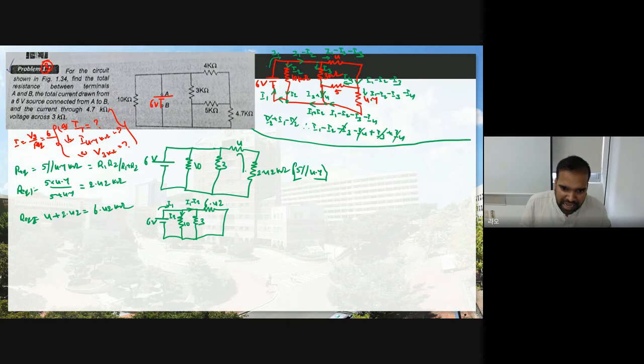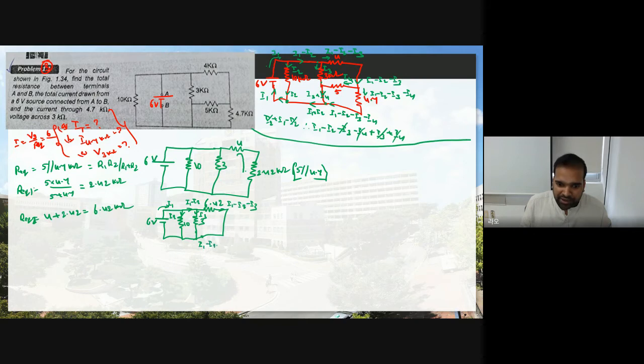Now, if you consider I1 minus I2 is the total current here, some current is going, let us assume this is I3. Now, what current is coming to the 6 ohm resistor? I1 minus I2 minus I3. Yes or no? Yes. Now this I1 minus I2 minus I3 is coming here and this I3 is coming here. If you add, what happened?